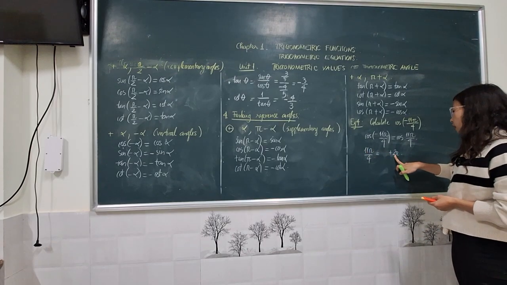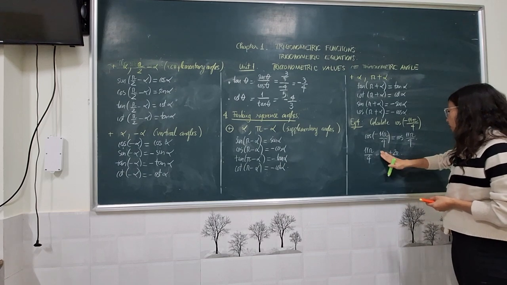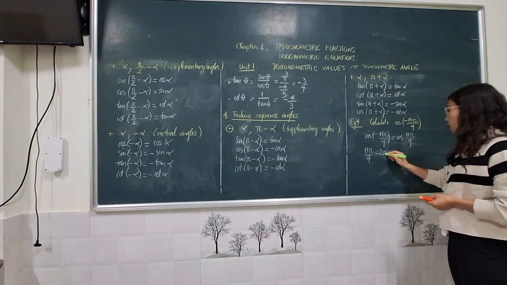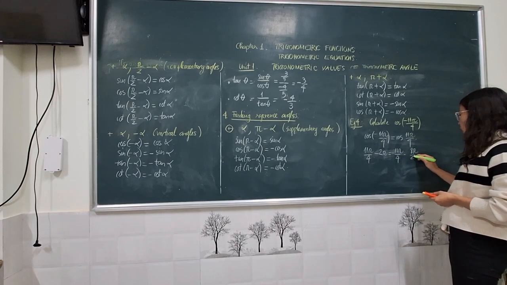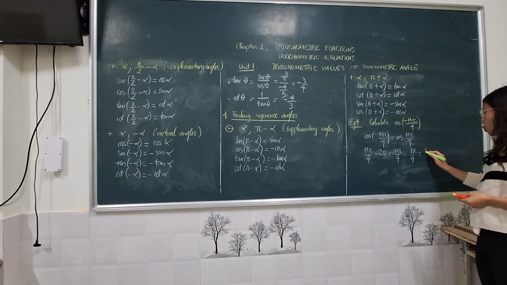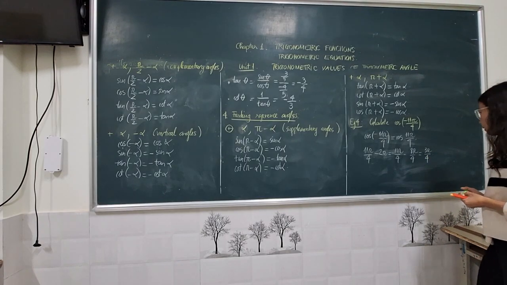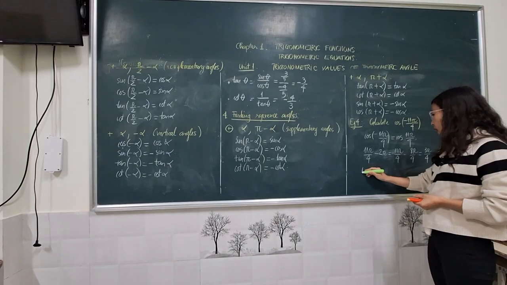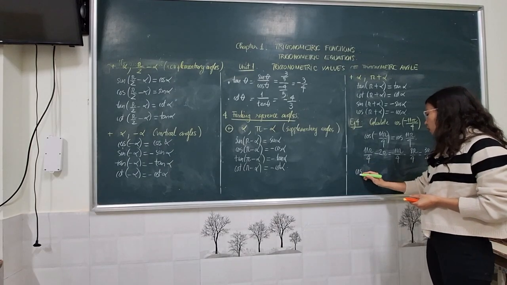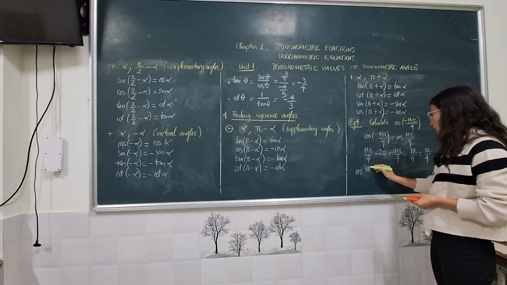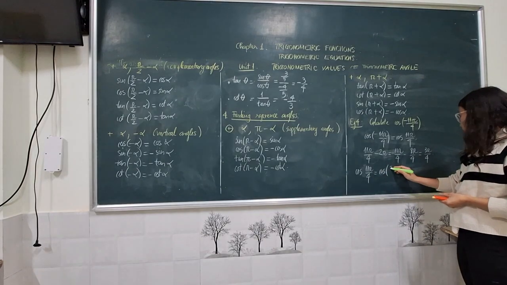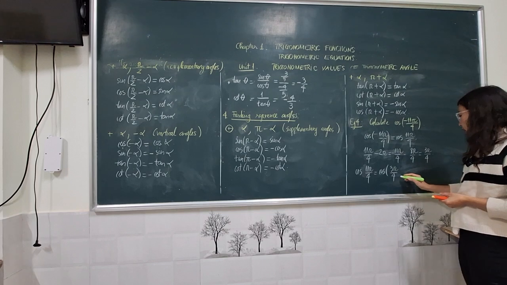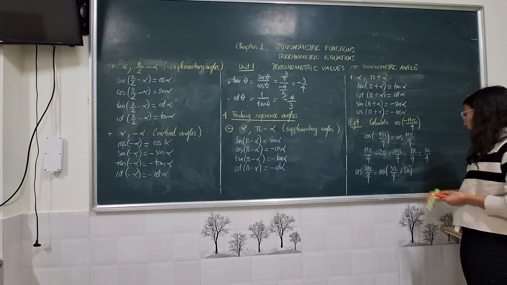First we have 2 pi, and we have 11 pi over 4 minus 8 pi over 4, which is equal to 3 pi over 4, right? And we rewrite cosine of 11 pi over 4 equals cosine of 3 pi over 4 plus 2 pi.